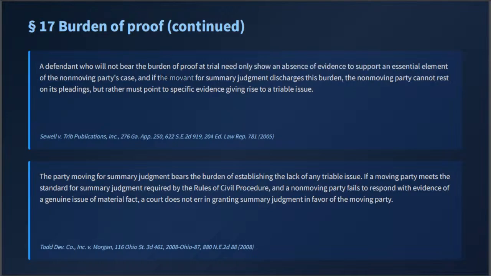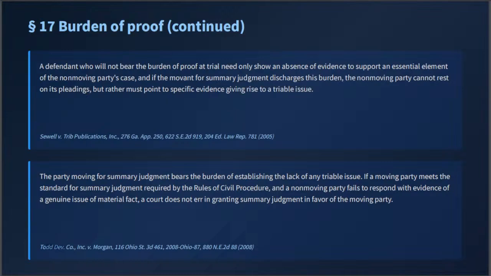And if the movement for summary judgment discharges this burden, the non-moving party cannot rest on its pleadings, but rather must point to specific evidence giving rise to a triable issue. So that's a pretty interesting one there.